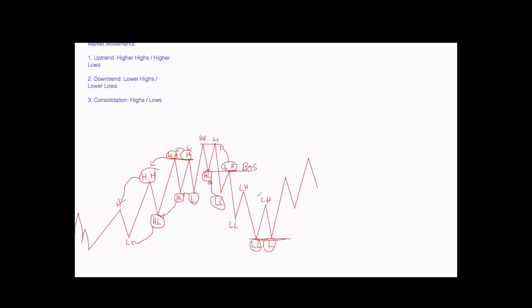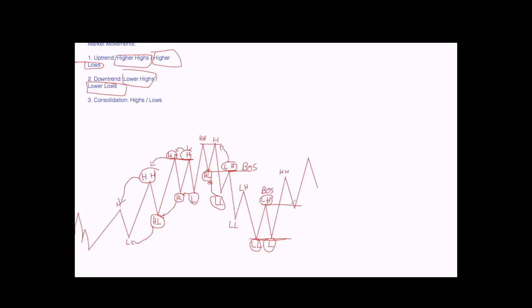So now, once the market broke our previous high and formed a higher high, that was our, let me write it right here, break of structure, because we made a higher high. We didn't maintain the downtrend structure, which is lower highs, lower lows. Uptrend structure, higher highs, higher lows. It's as simple as that.